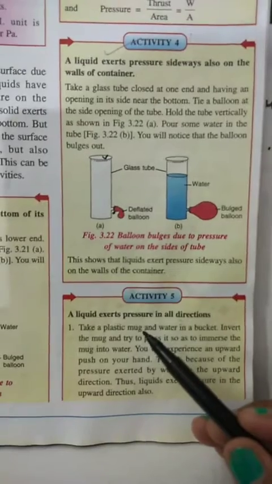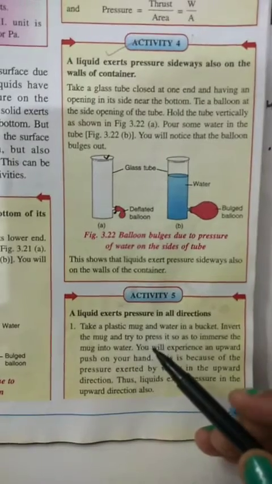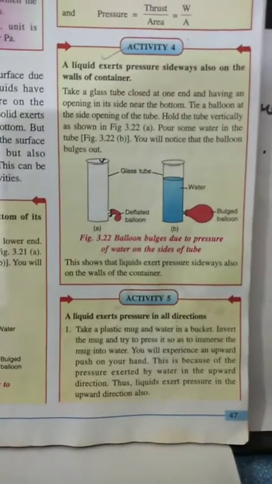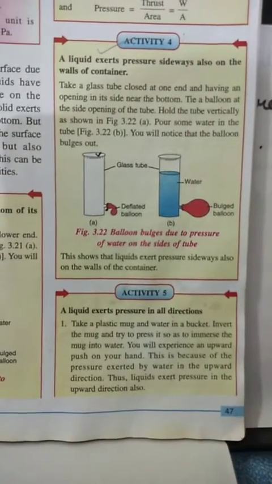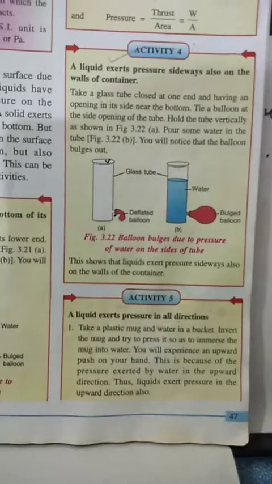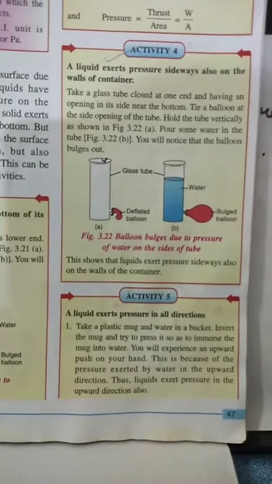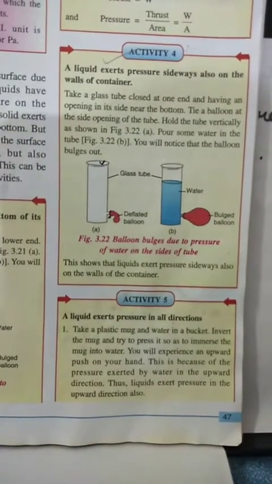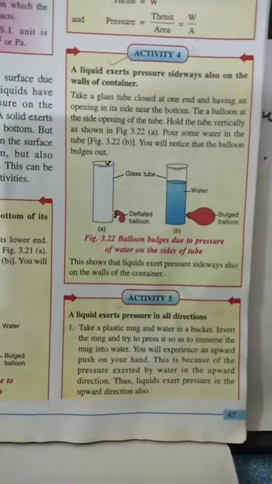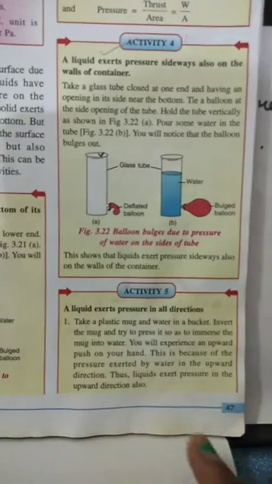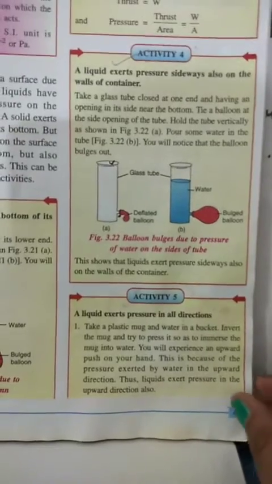If you take a mug, invert it and put it into a bucket of water, as soon as you press the mug in, you will see that the mug rises up again in the bucket because it experiences an upward push, or buoyant push. This we will further study in our next topic in this subject.